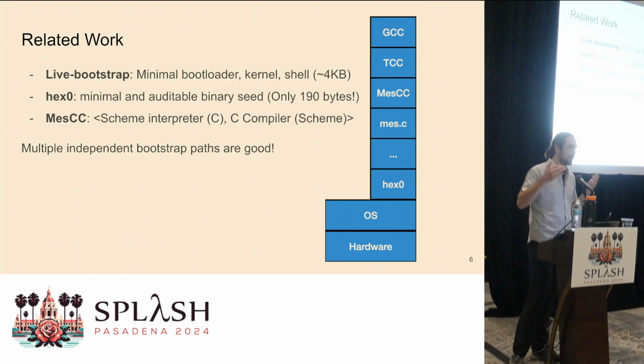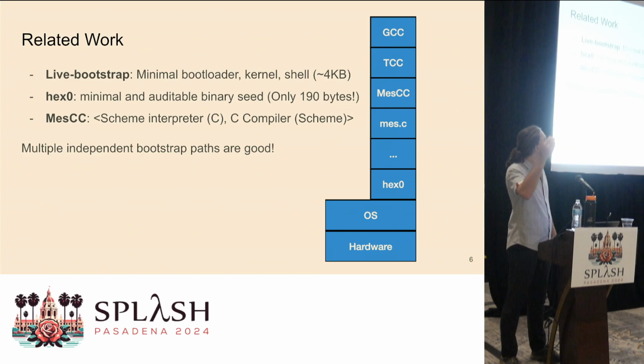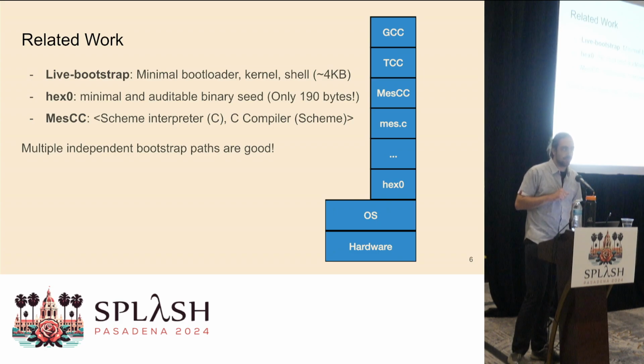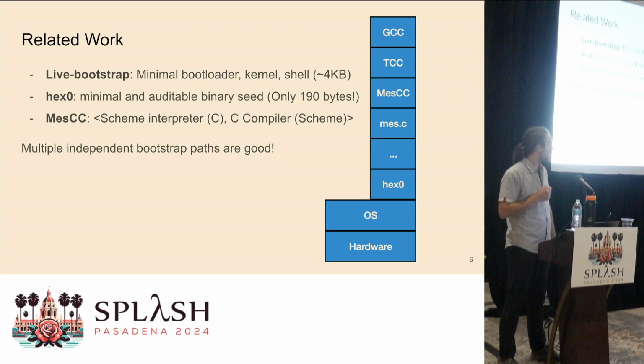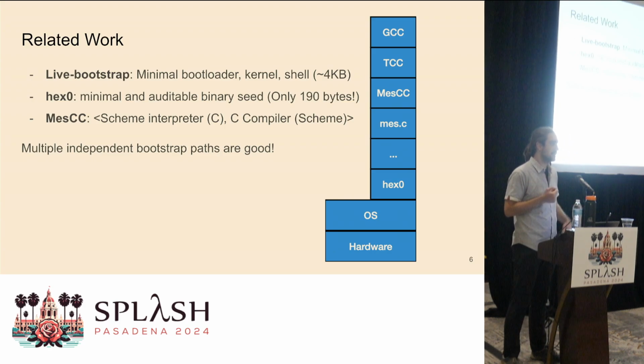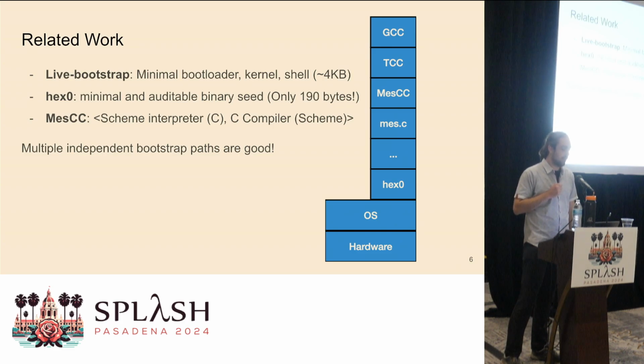So you have to trust the hardware, and then you have to trust the operating system, and then all the compilers that lead you to GCC. There's a very minimal operating system that's about 4 kilobytes of machine code. That can be used to run a very minimal assembler called hex0 that's only 190 bytes. So in principle, these two blobs could be audited in a reasonable amount of time.